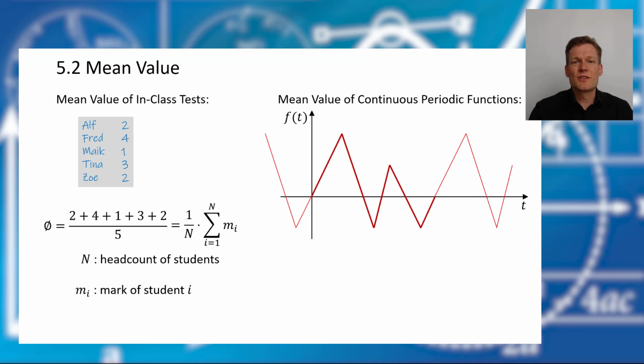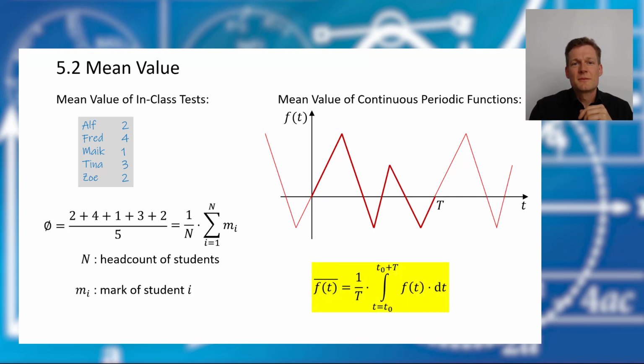If you have a closer look, you will see that we have a periodic time, and before and after the same signal just repeats. Okay, and now we want to calculate the mean value. And we nearly do it like before with the countable numbers, but this time we don't have discrete points, and therefore we don't use a sum, but we use an integral.